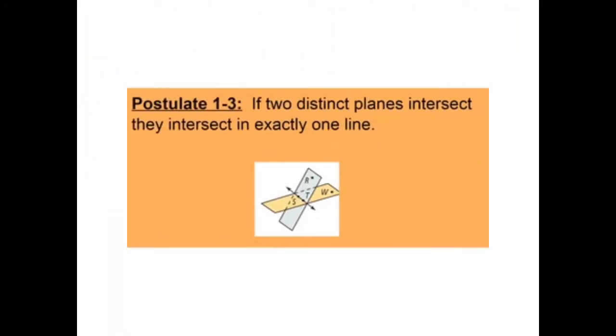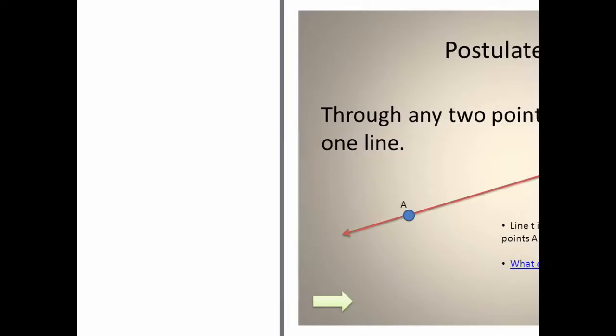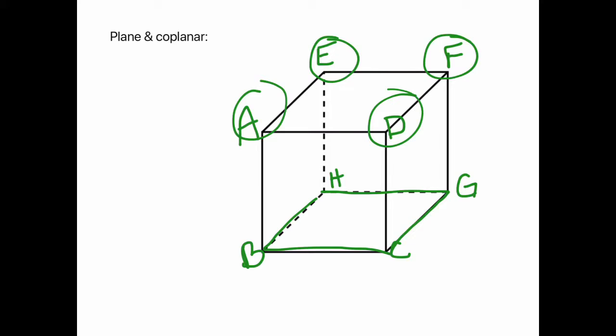So 1-3 says that if 2 distinct planes intersect, their intersection becomes a line. So you can kind of think about that if we go back here to our cube.